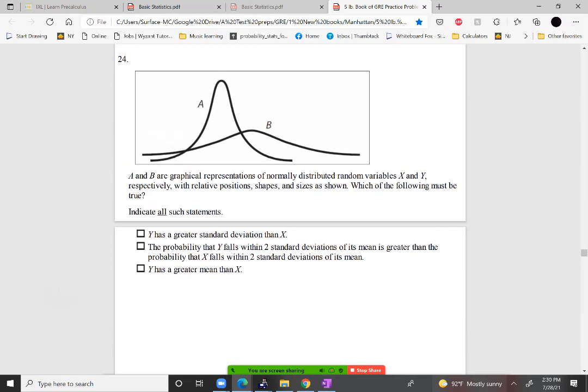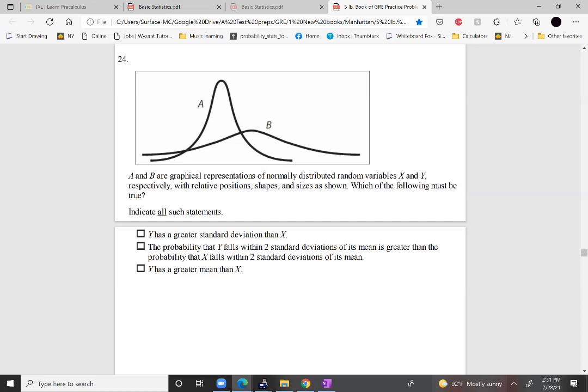X and Y. Y has a greater mean than X. We don't know that.